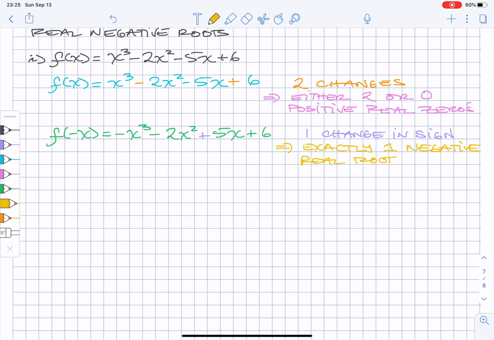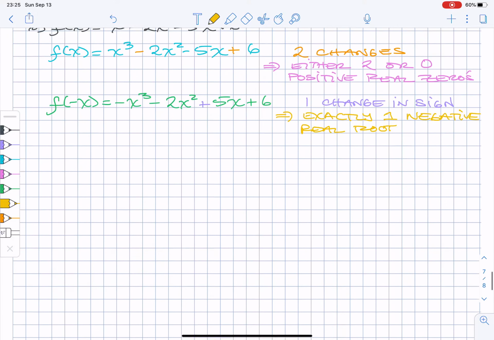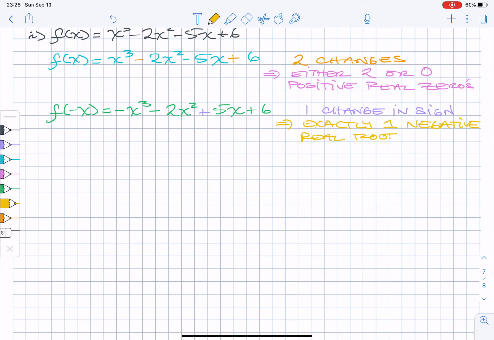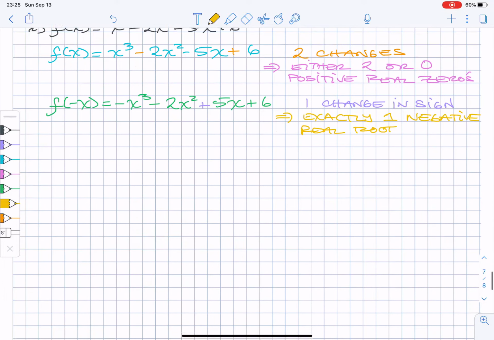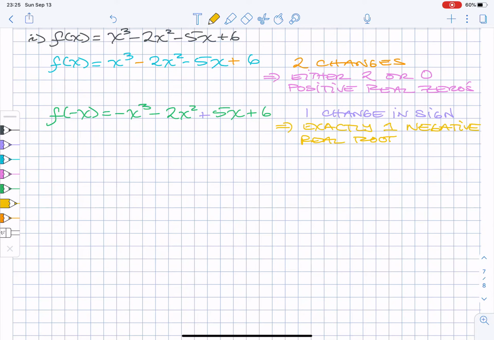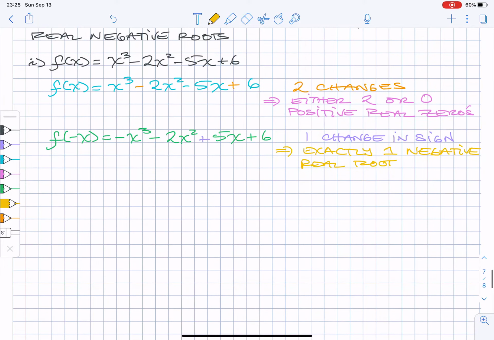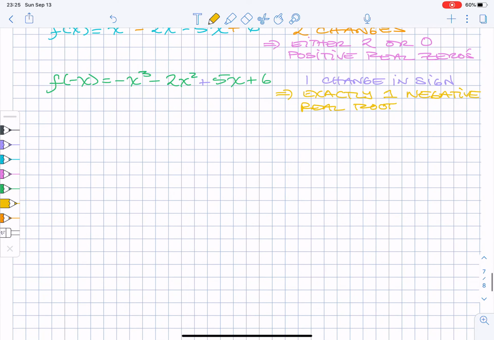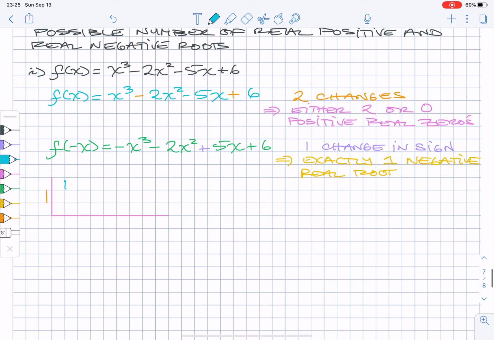Okay, well, let's see if that's true. So is there a way that we could factor this? Should we try? What are all possible real roots? Well, we have 6 over 1. So does 1 work? Yeah, 1 does work. So I'm going to try the root of 1 into this polynomial, which has coefficients of 1, -2, -5, and 6.